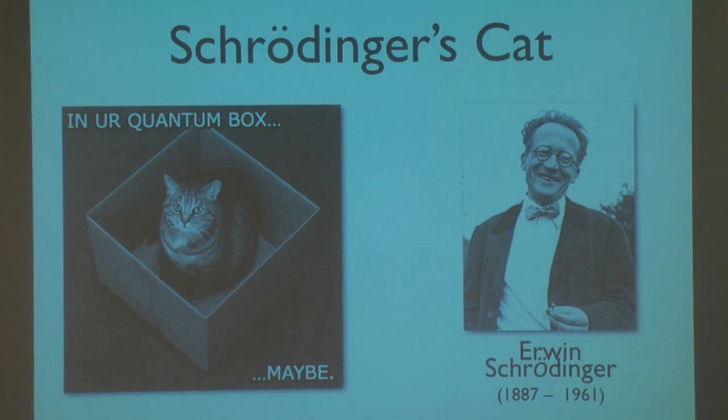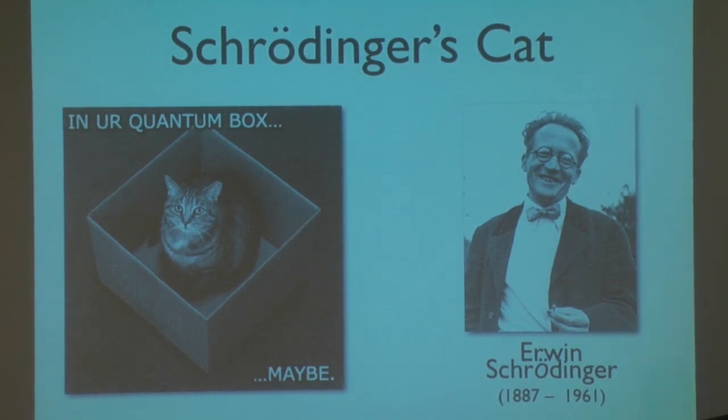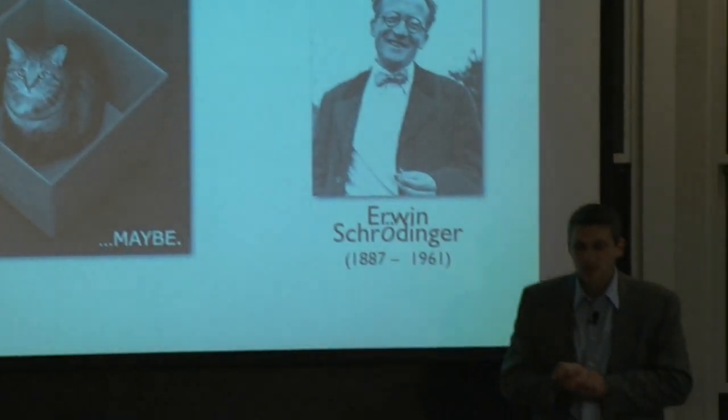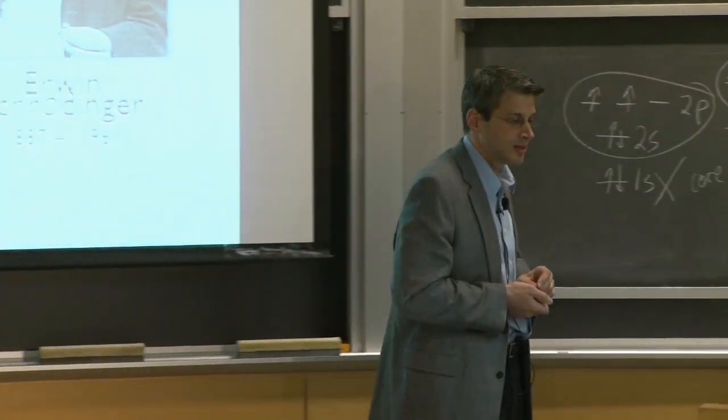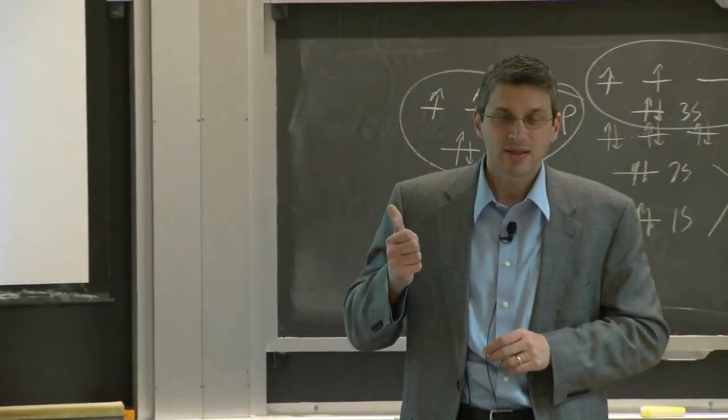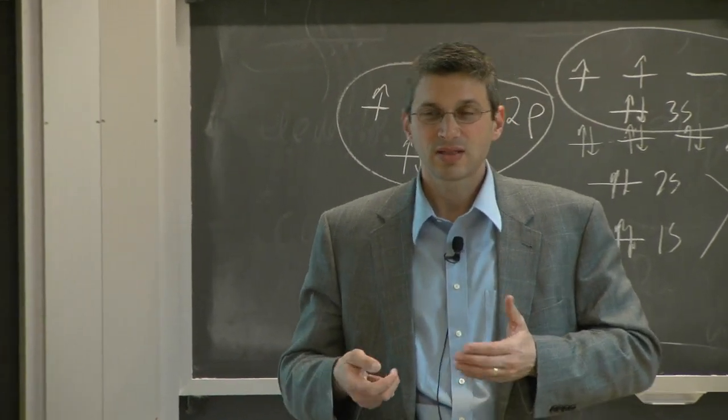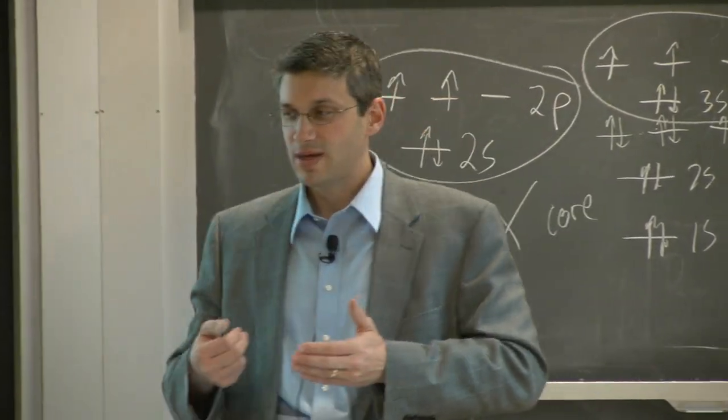So after an hour, there's a 50-50 chance the cat has been killed or is alive. But the key point is that until you measure it, the little radioactive thing is a very quantum mechanical particle. So until you measure it, as with the electron, it's everywhere. It's both emitted and released the poison, and not.